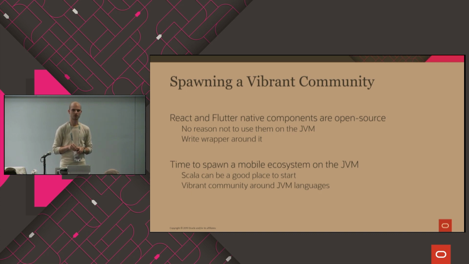So you could build wrappers for the JVM for those, and then just have those be part of your application. When you build a native image, these things are linked in, and you push them out to the devices. Also, we could leverage these JVM language communities around Scala and Kotlin to get people interested in writing mobile applications in whatever their favorite languages are, rather than forcing them onto these specific frameworks and platforms.